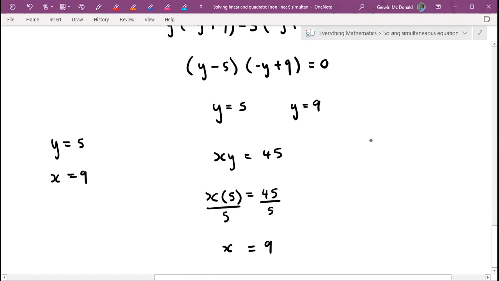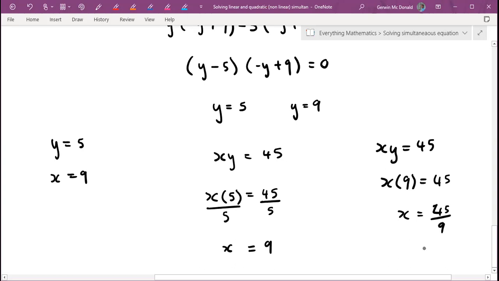And if you are sharp, you should see the opposite already. And when y, let me write it over again. So xy is equal to 45. But this time we're proving for when y is 9. So when y is 9, we have this scenario here. And as a result, x will be equal to 45 over 9.